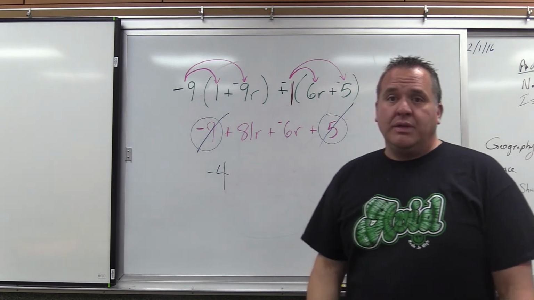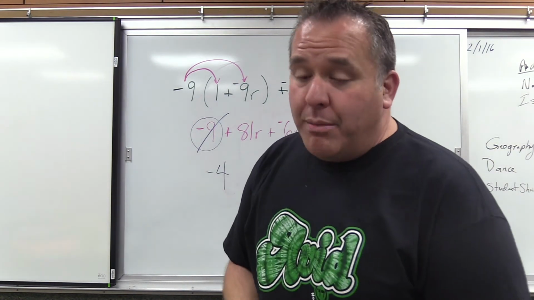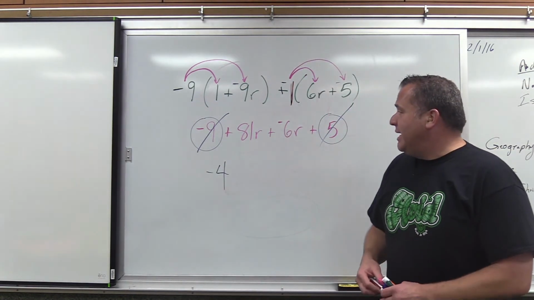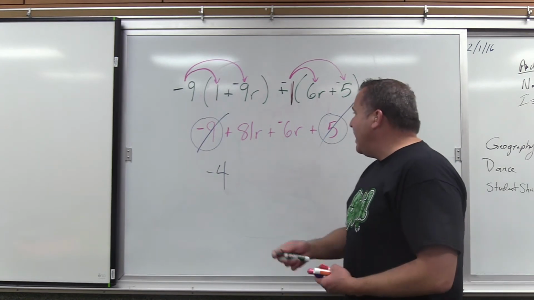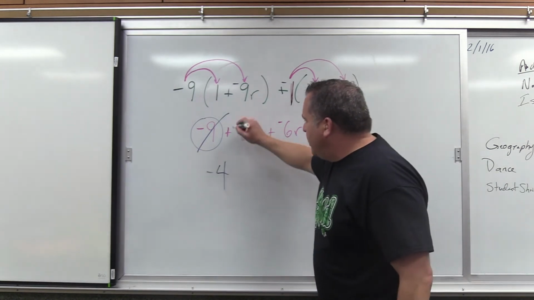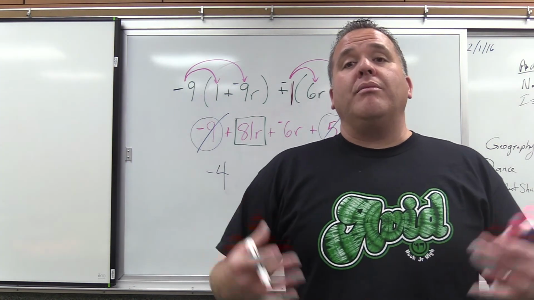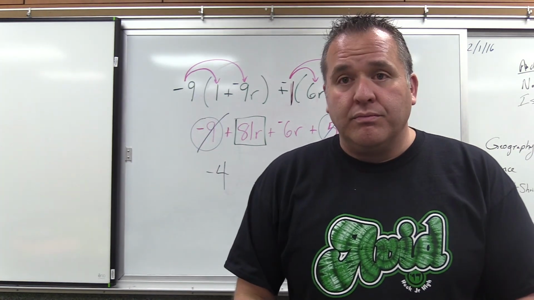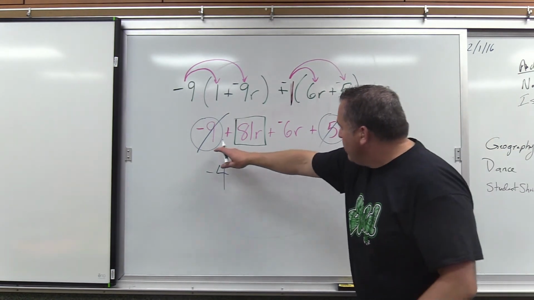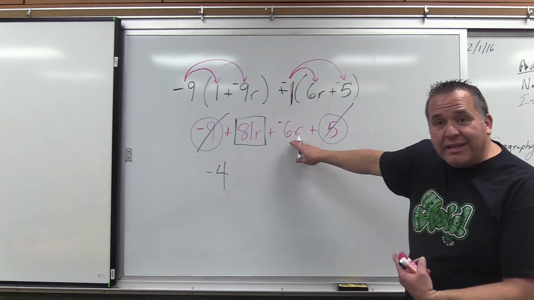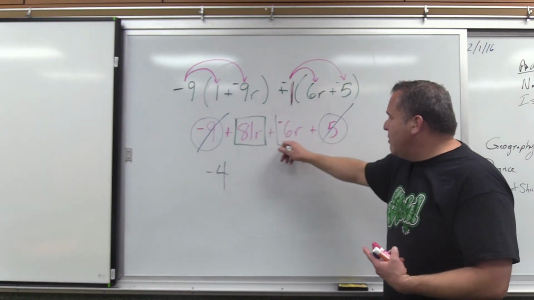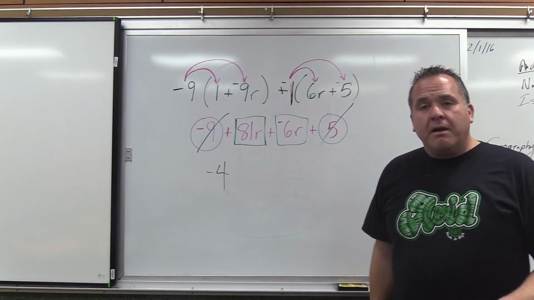They're gone. Next, I'm going to look for my next number. Let's see what we got here. 81R. Look at this. Do you have another term in this problem that has an R as a variable? Let's look. Oh, there it is, -6R. So I'm going to put a box around that one too.